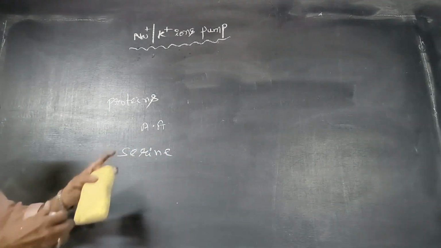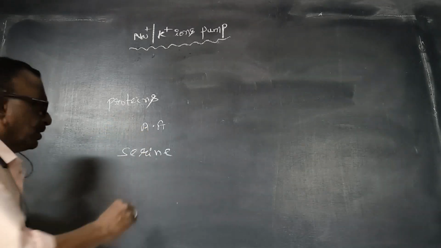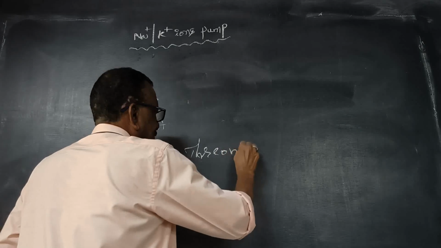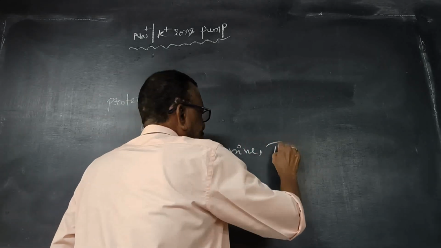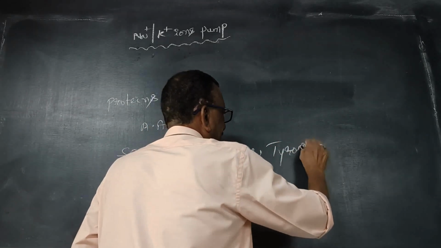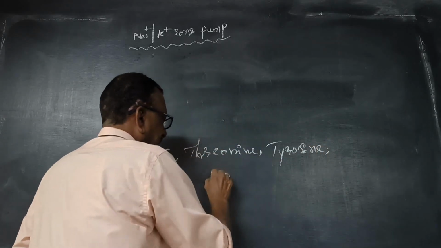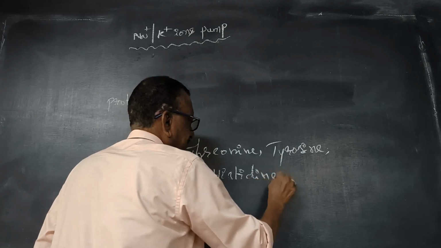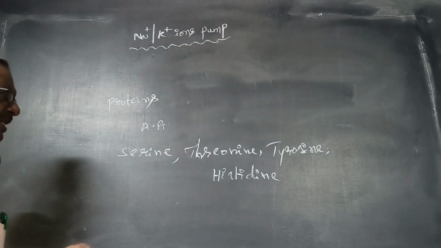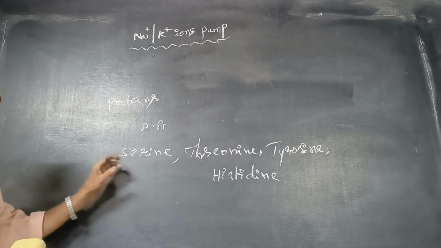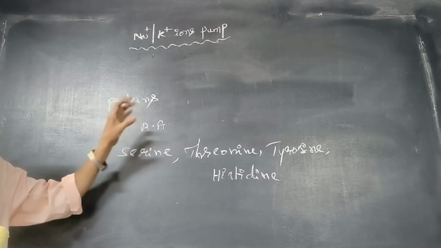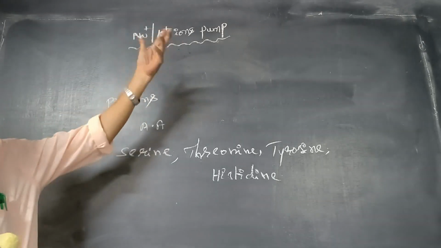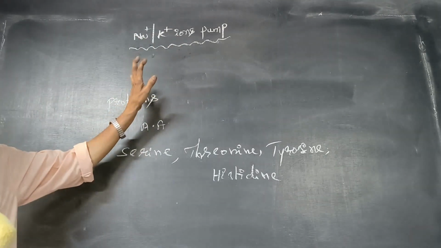A group of amino acids constitutes a protein. Serine, then threonine, tyrosine, then last and final, histidine. So these are the amino acids generally involved in the active transport system, whether sodium or potassium ions or calcium ions, magnesium ions, whatever.